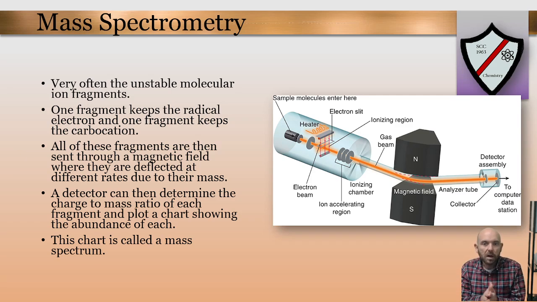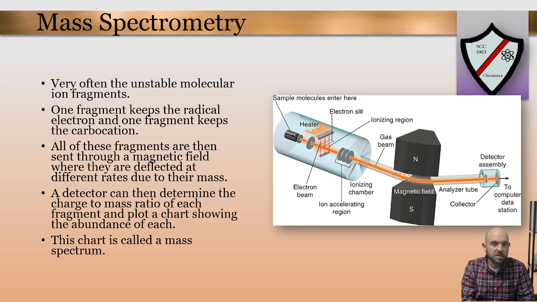So after all of these fragments are formed from shooting these electrons at our molecules, they are subjected to a magnetic field. We have these charged particles that result from our molecules having electrons fired at them and then having electrons ejected out of the bonds.